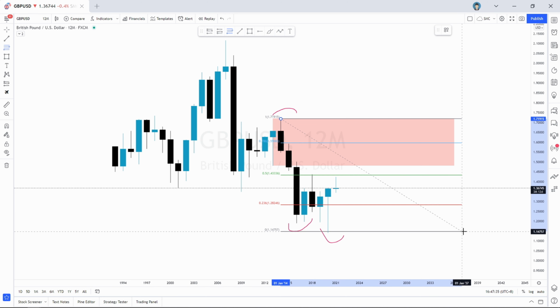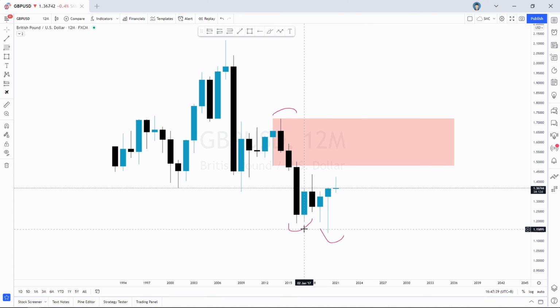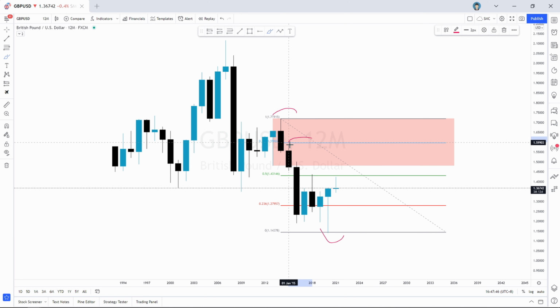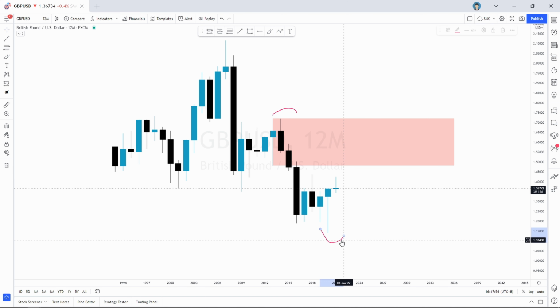If we call out the fib again, possibly this could be the actual low right here. Then I'm waiting for price to pull back to this 75% of the fib, which is the golden zone. Also, we have an OB here, so we're correlating multiple stories at the same time.